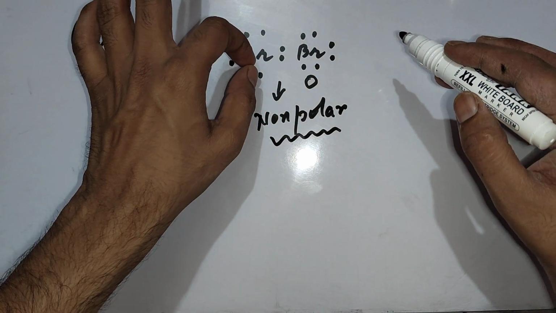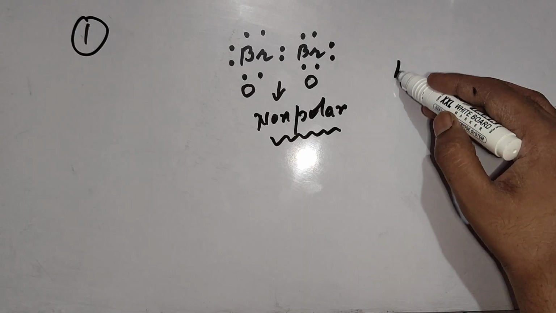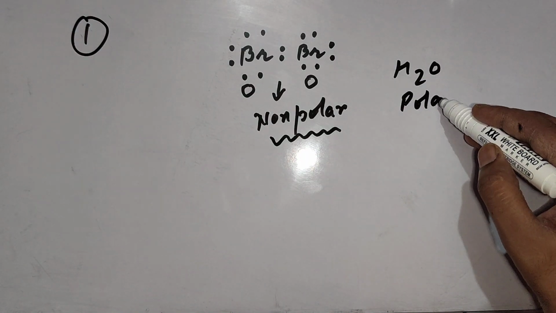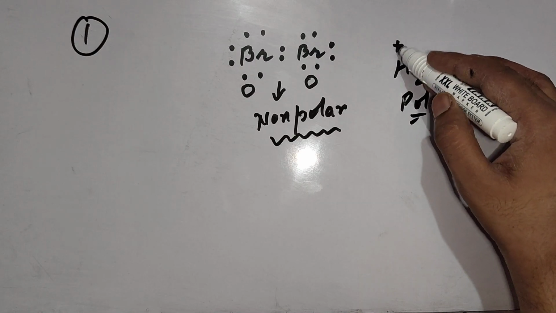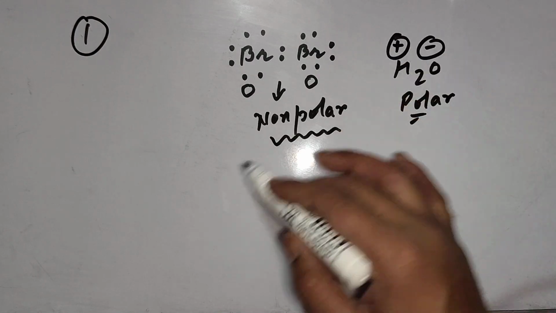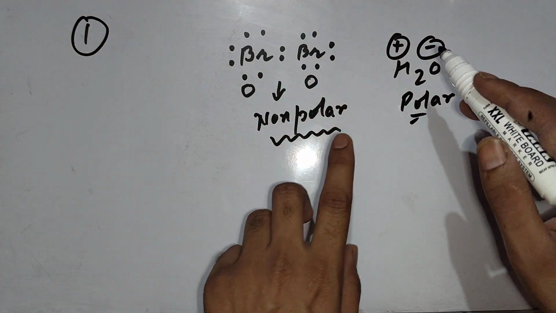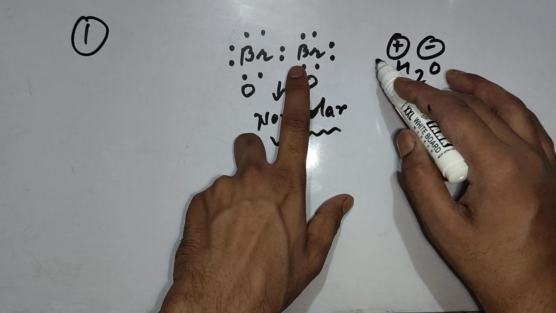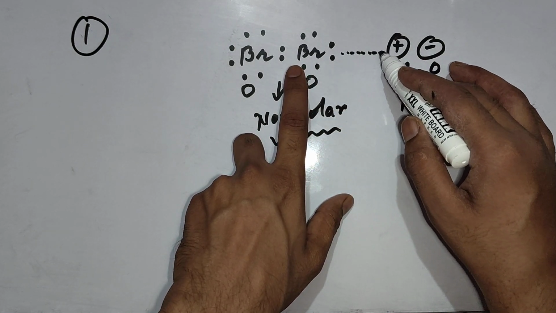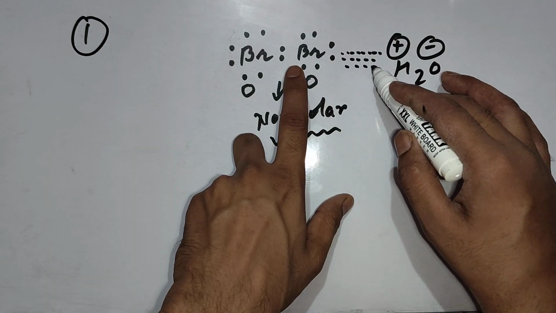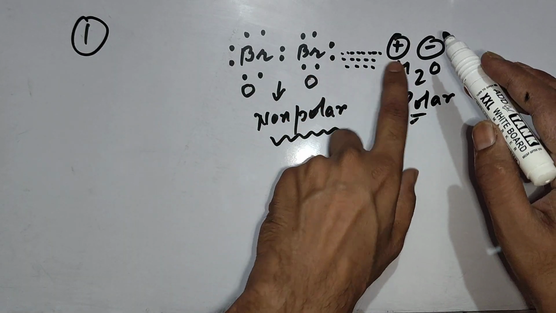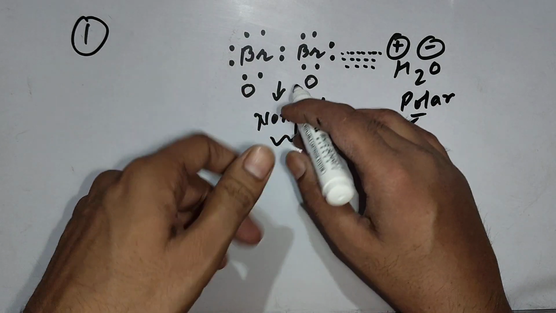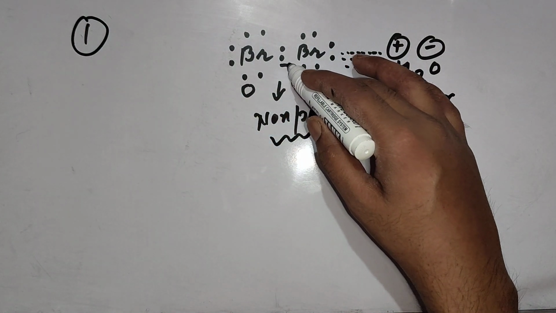But when this bromine liquid is dissolved in water, we know water is a polar molecule. It has positive and negative fields on it. Now what will happen? Suppose this bromine atom comes in contact with a positive field, meaning with the hydrogen atom. Due to this positive charge, the bonded electrons will move slightly toward this bromine atom.